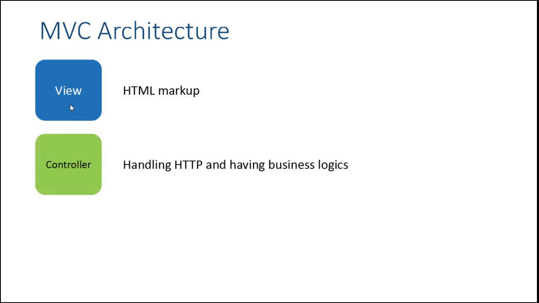MVC's architecture: view is HTML markup language, which we write in .cshtml and .vbhtml files. This is the only layer which the user can interact with in an application. Next, controller, handling HTTP requests and having business logic. Each and every controller will have a view.